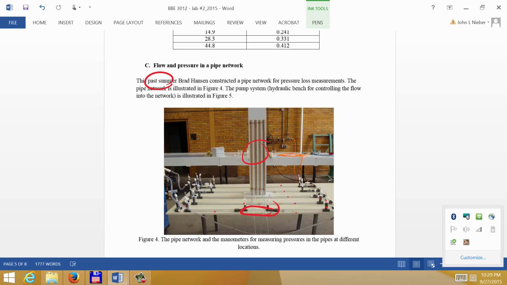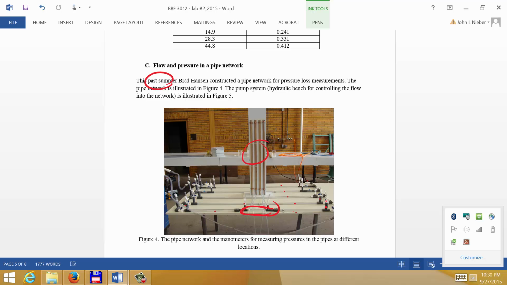Brad Hansen is going to show you actually how to make those water pressure measurements. Now we're going to do this at 3 different flow levels, and the flow levels are controlled. Brad Hansen will be setting those flow levels. We'll be doing it at 3 different flow levels, and we want to make measurements for the pressures for all these connections that you're seeing.